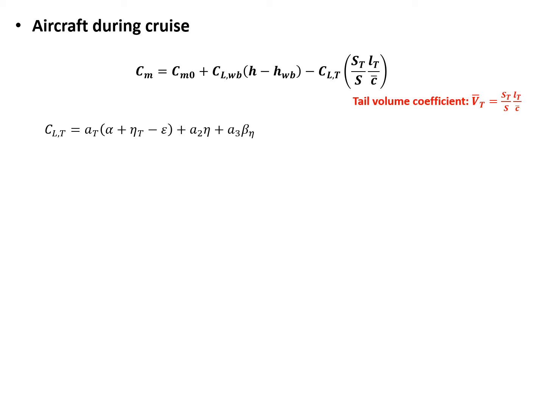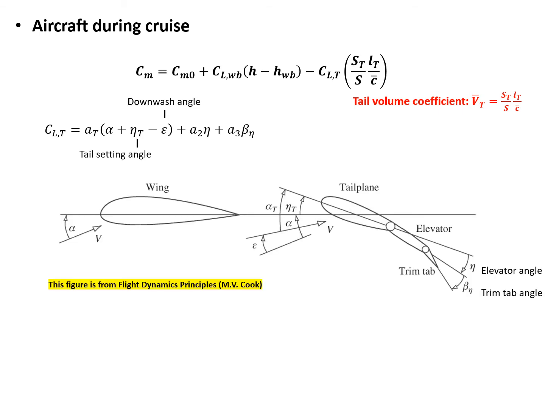We may get confused by a lot of symbols or notations, so we can do a bit of analysis through this plot. This plot is from the textbook Flight Dynamics Principles. We have the wing at the beginning, and the angle of attack is alpha.